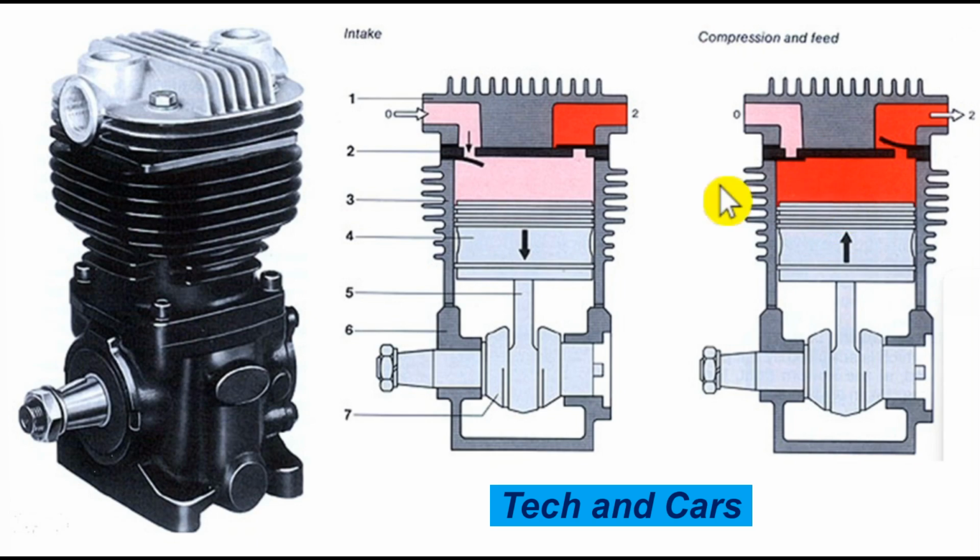That increasing pressure will close the previously open intake valve, and then it will open the discharge valve and send the air to the air pressure regulator. So this is basically how the compressor inside the air system operates.